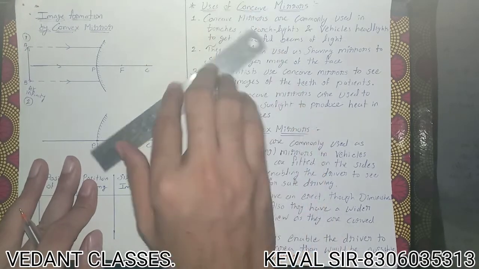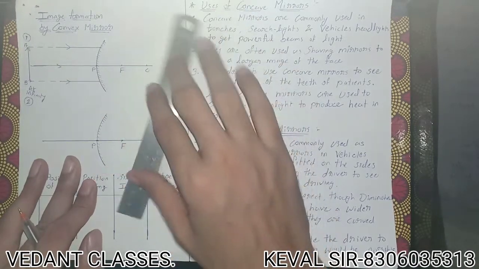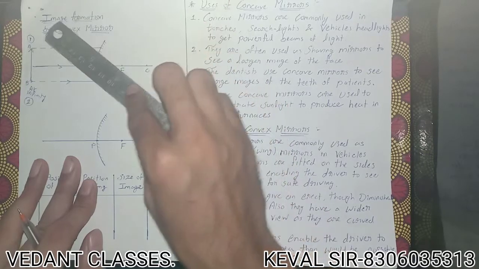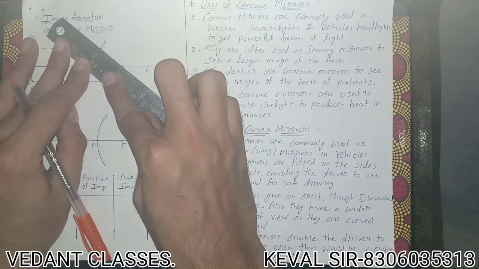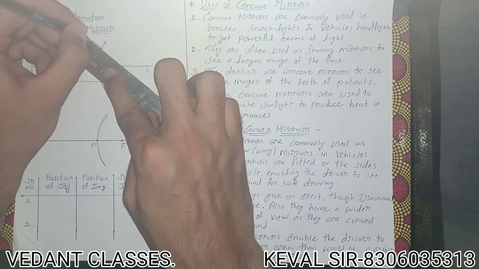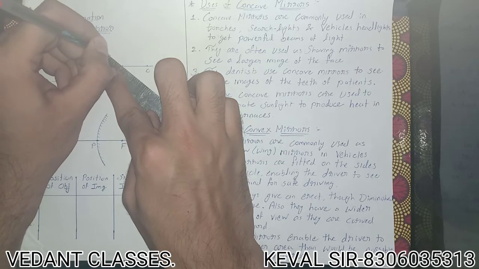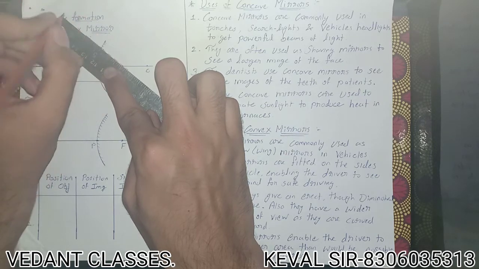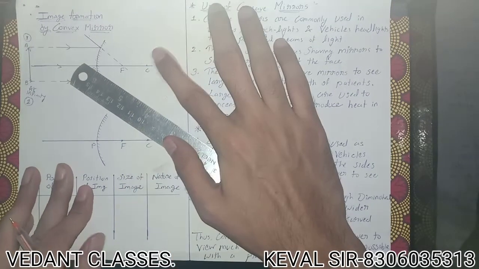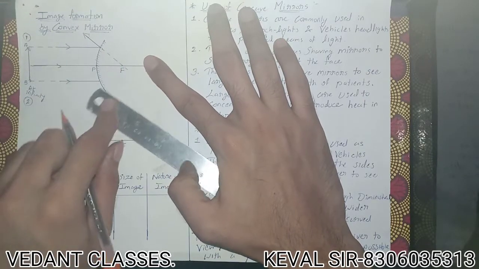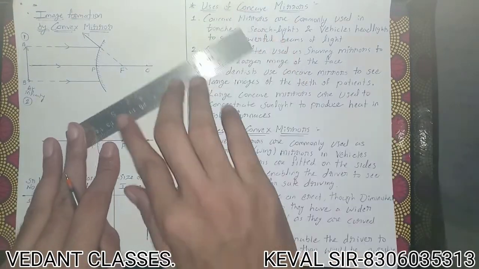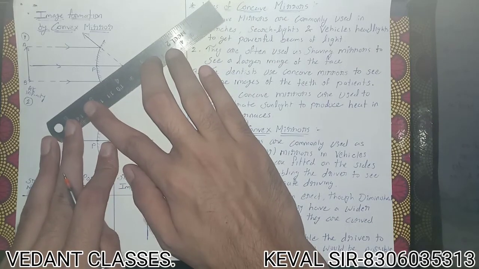Okay, so now after reflection, as the convex mirror is a diverging mirror, it will diverge the light rays like this. It is apparently passing through the principal focus. Okay, so this is the rule that we have seen for the convex mirror. It is apparently passing through the principal focus behind the mirror. So in this case it will also be like this.